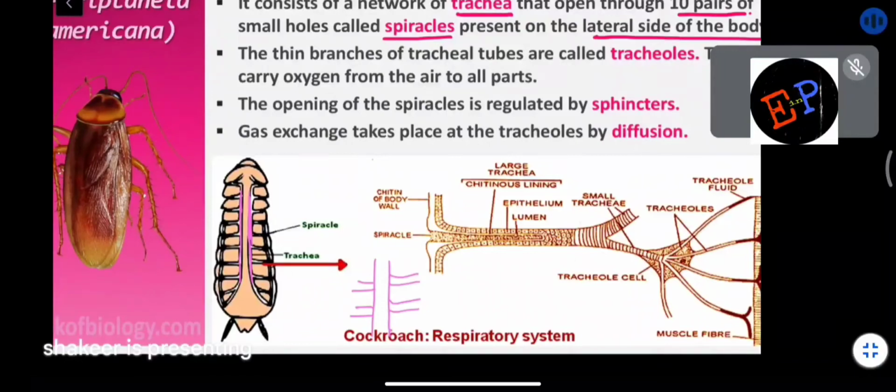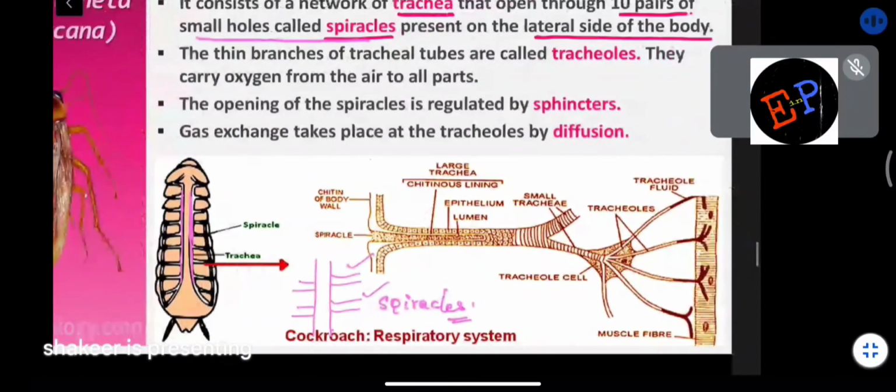It consists of a network of trachea that open through 10 pairs of small holes called spiracles, present on the lateral side of the body. The thin branches of tracheal tubes are called tracheoles.